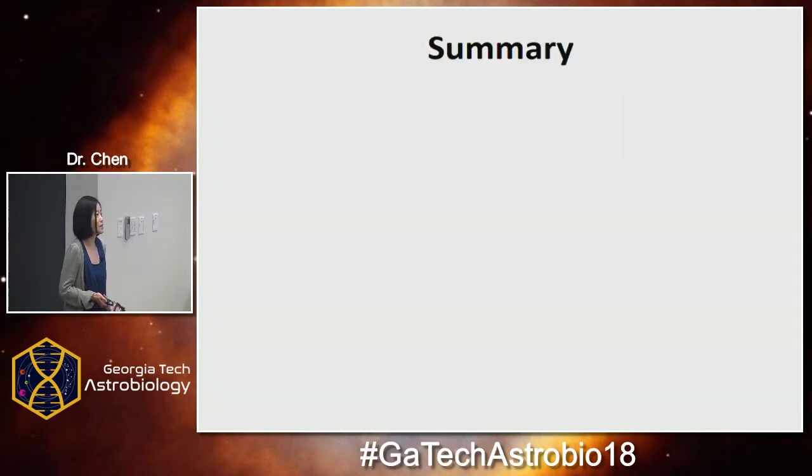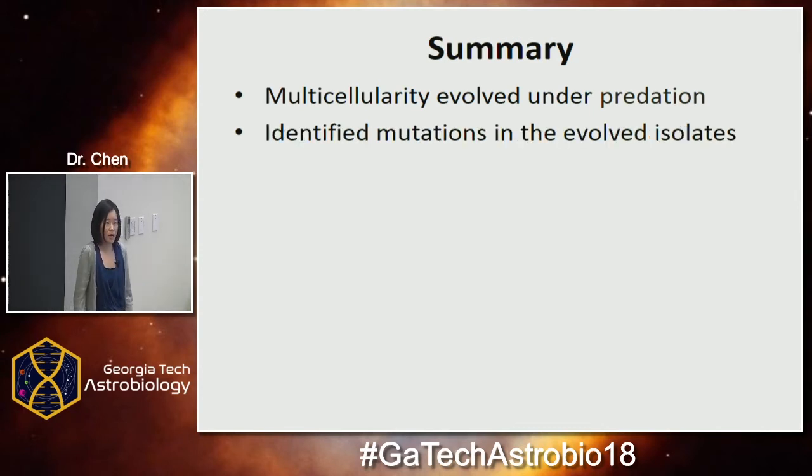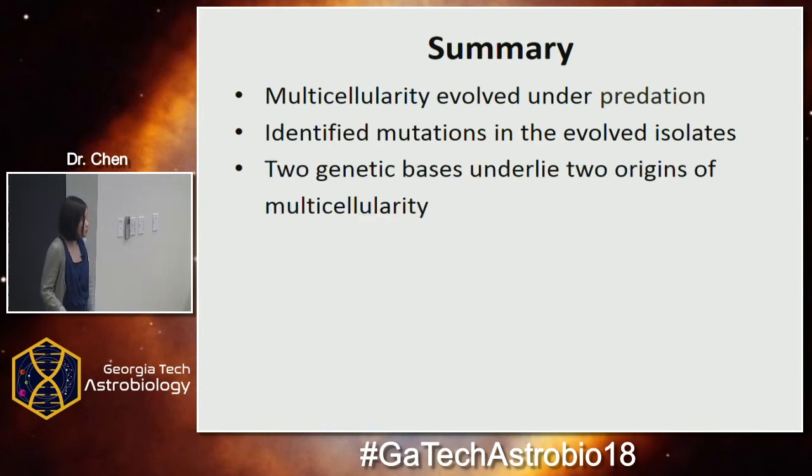To summarize, we evolved multicellularity in the lab with predators. We have identified mutations that happened in those evolved algae. It appears that there are 2 different genetic bases underlying those 2 different origins of multicellularity.